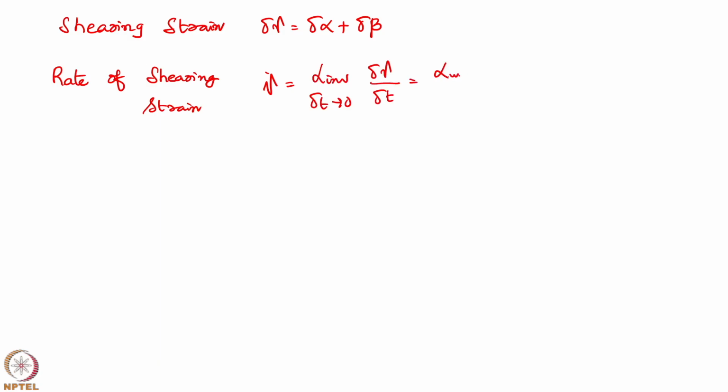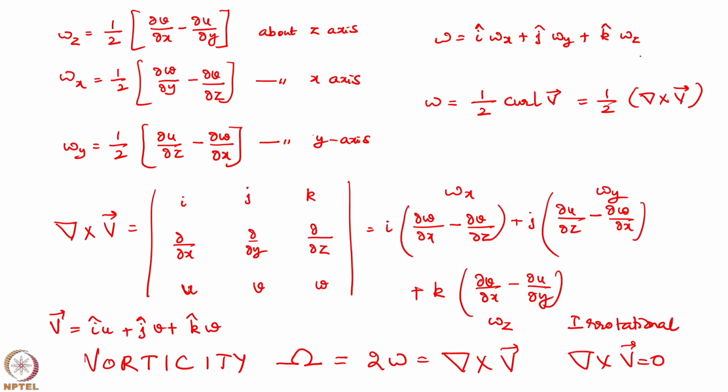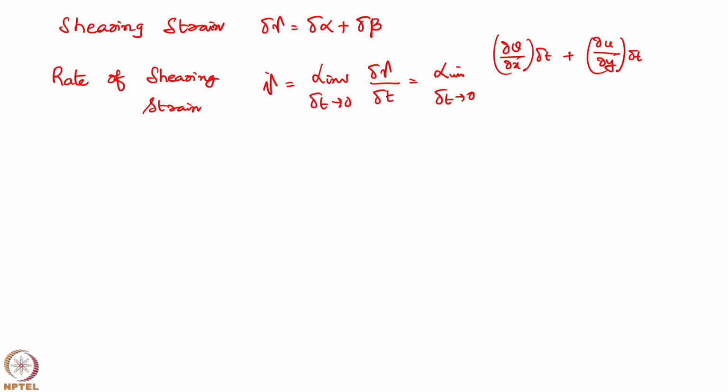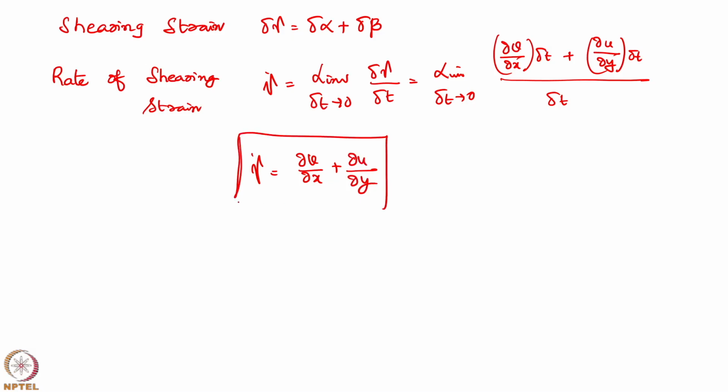That is the limit of delta t tending to 0, where delta alpha is nothing but dou v by dou x into delta t, and delta beta is nothing but dou u by dou y into delta t. I have just written from here. If I divide that by delta t, you get gamma dot as dou v by dou x plus dou u by dou y. This is the shearing strain rate.